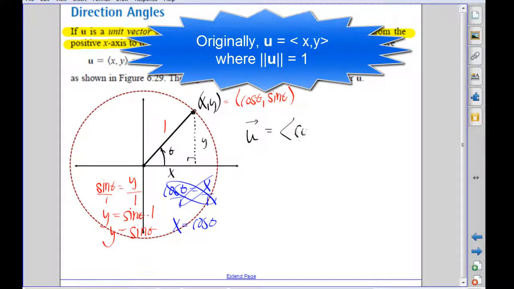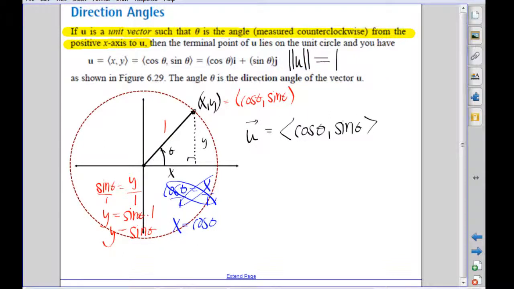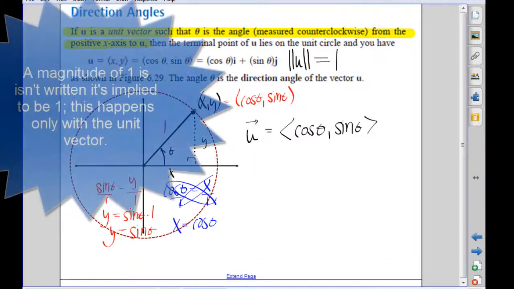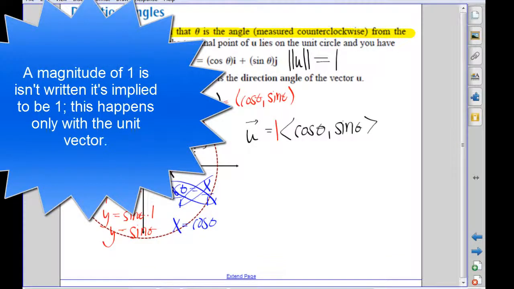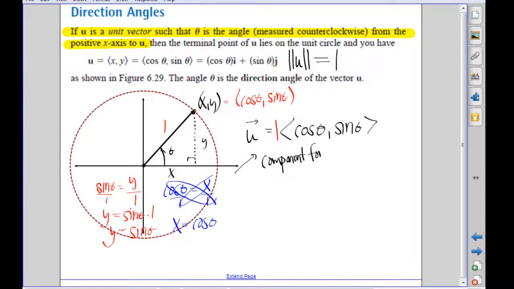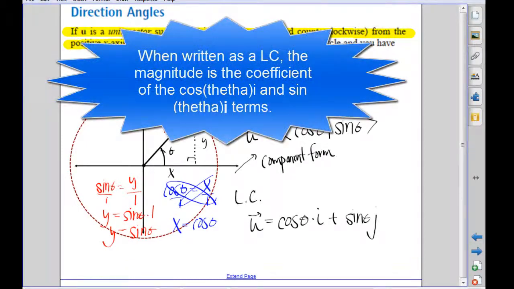as cosine of theta, sine of theta. Now, what's not explicit in this vector is it's got a magnitude of 1. It's drawn in there, but it's often left out. So, of course, this is in component form. As a linear combination, abbreviated LC, we can say vector u is equal to cosine of theta i plus sine of theta j.